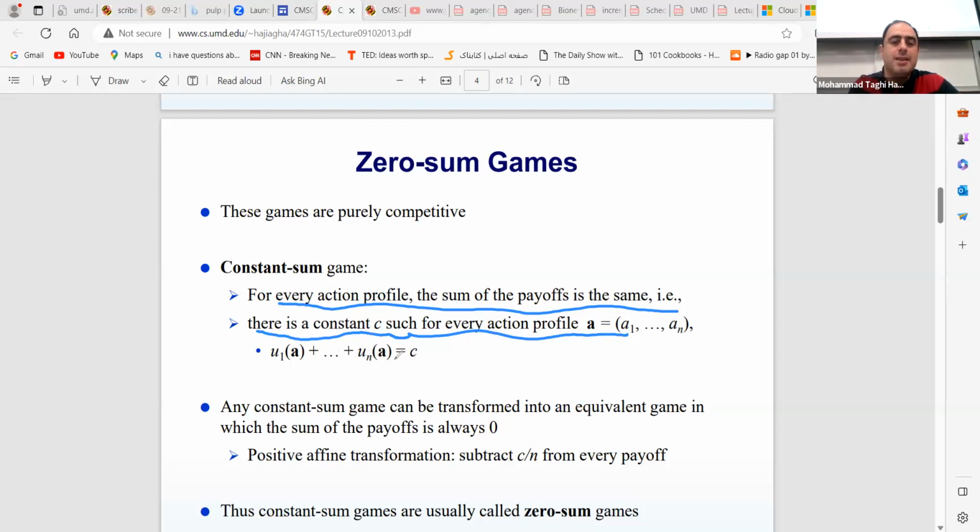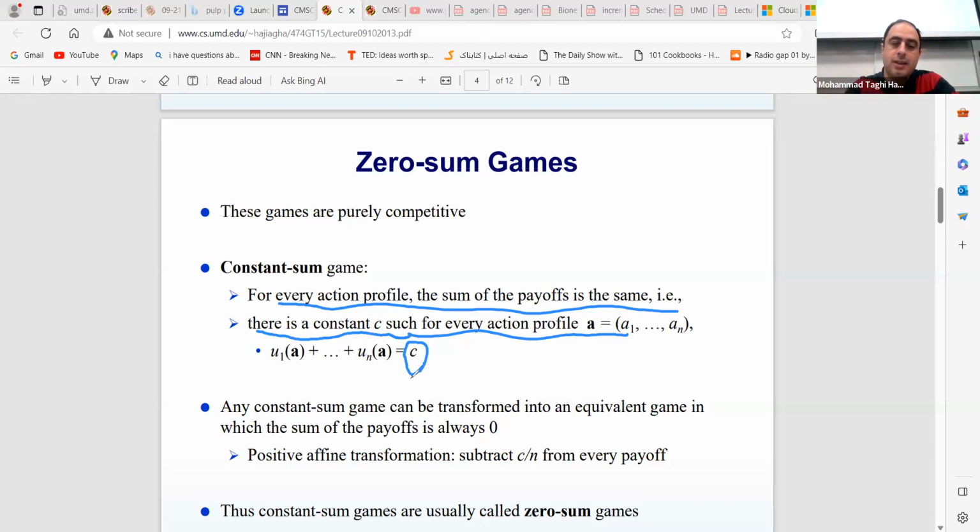So this is actually called constant sum games, but we already discussed the transformations, especially affine transformations, that we can apply to the utility function and get the same thing. In some sense, as long as we keep the monotonicity, it's the same.